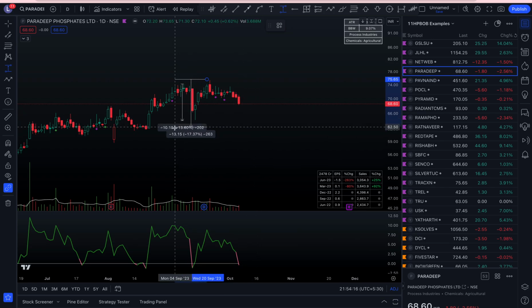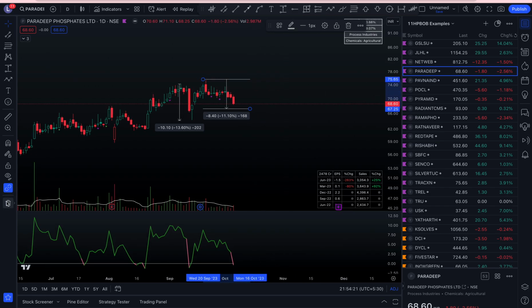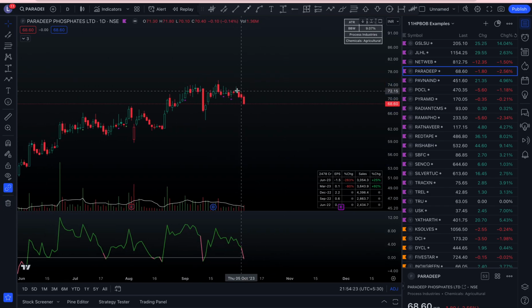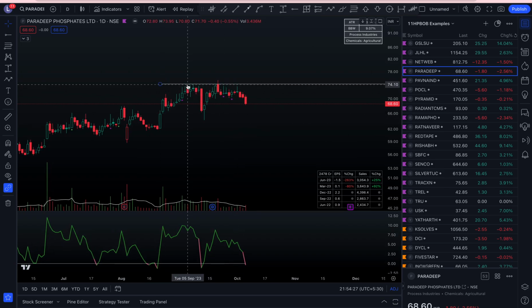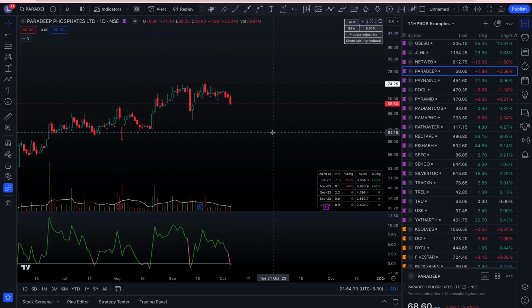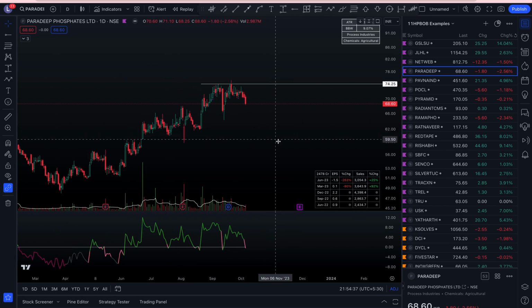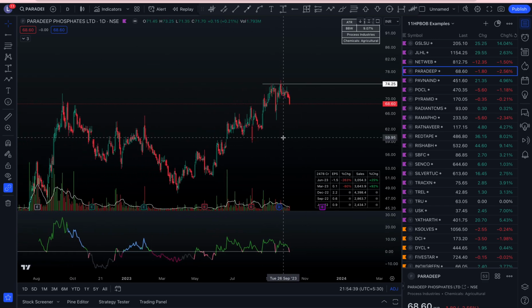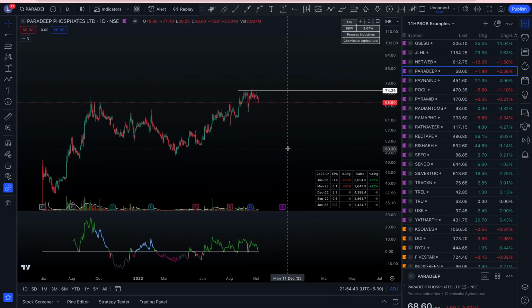Any contraction below 13%, and then one more round of contraction, we can have a pivot like this, and if it closes above this line, which is the line of resistance, then it'll be clear that Paradip Phosphate will continue the upward trend.